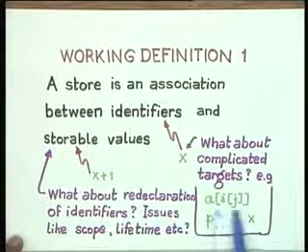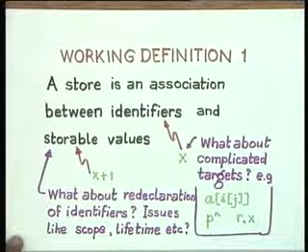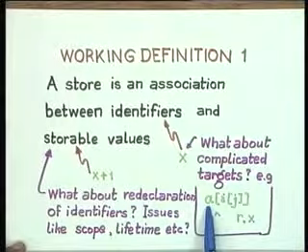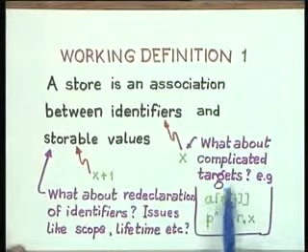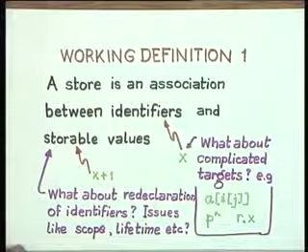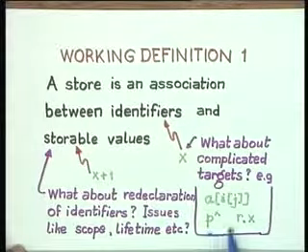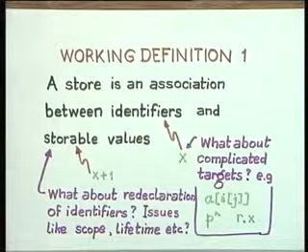I can have, for example, an array which indexes into another array, and I can update one array element in some complicated fashion through an indexing mechanism. I can have pointers. So my targets are not necessarily just simple variables. They are not just identifiers.